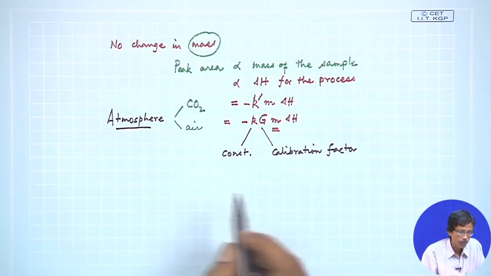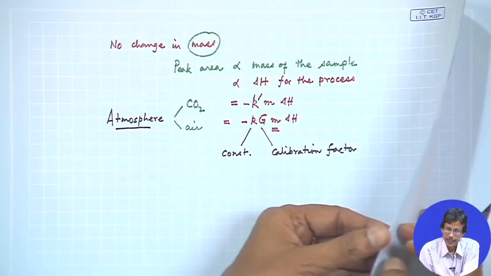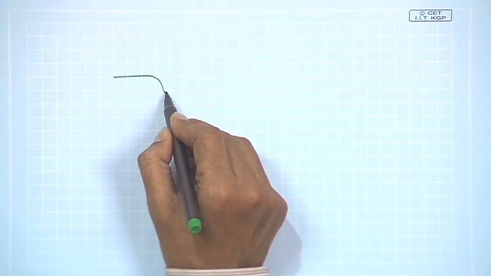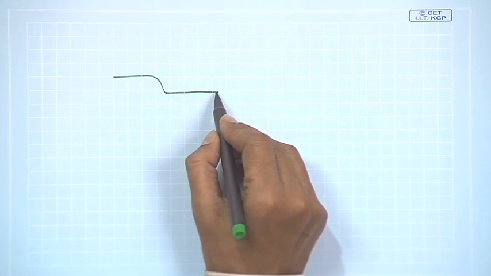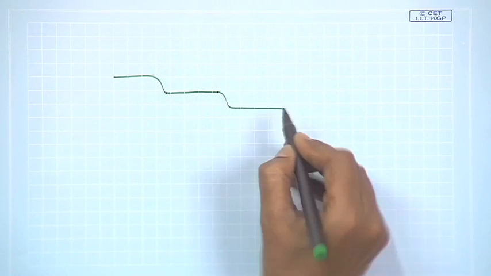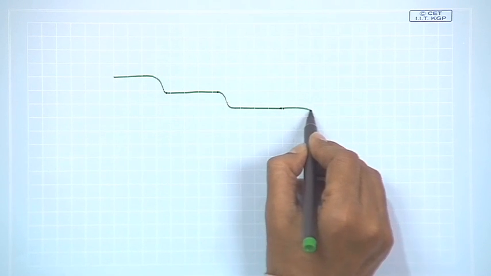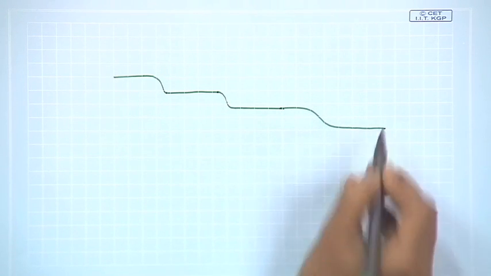How will it look? The corresponding plot, what we have seen earlier, the TG plot we know, and that particular TG plot we will convert to the corresponding DTA plot. So your TGA plot for decomposition of calcium oxalate is like this.